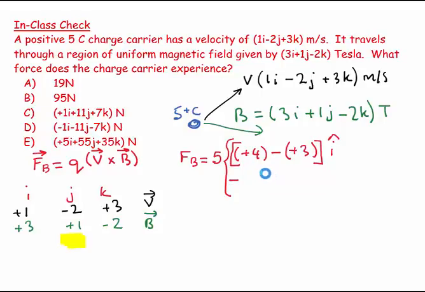That's the way you get taught: the I is positive, the J is negative, the K is positive. So I put my little square down, and now I'm multiplying across between the I and K columns. So 1 times minus 2 is minus 2. And then we subtract from that plus 3 times plus 3, which is plus 9. And that's my J.